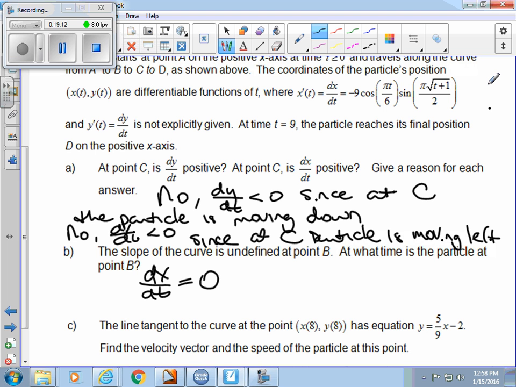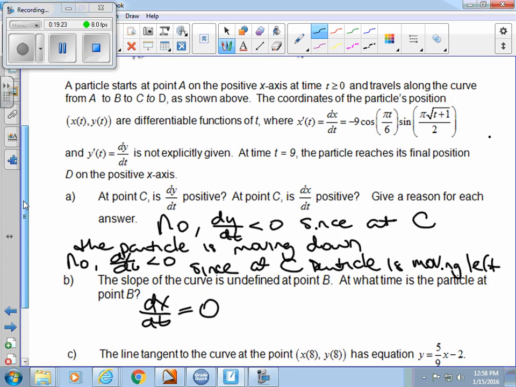Does that look right? And then I'm going to go to the graph. I am going to go look and see if it gives me any zeros.